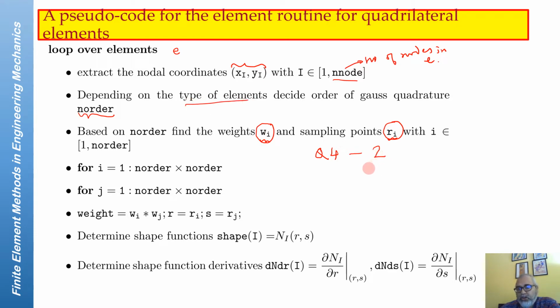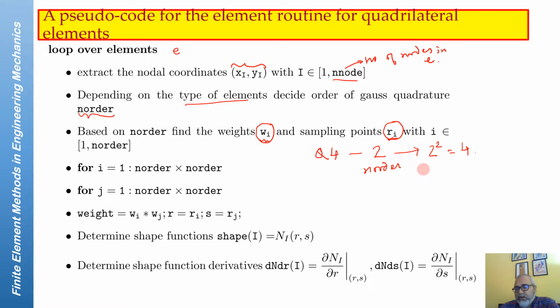have to do a second order Gauss quadrature. So we know n order is 2, and then we know that there will be 2 to the power 2, that is 4 Gauss points, and for each of these Gauss points we will cycle through 1 and 2.